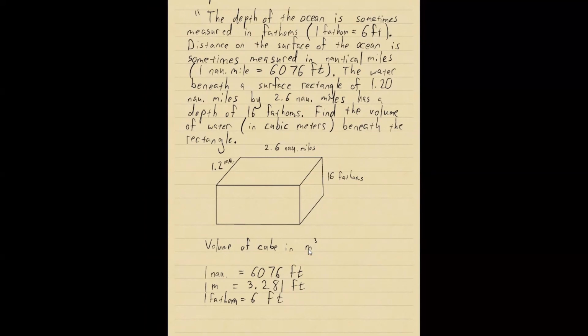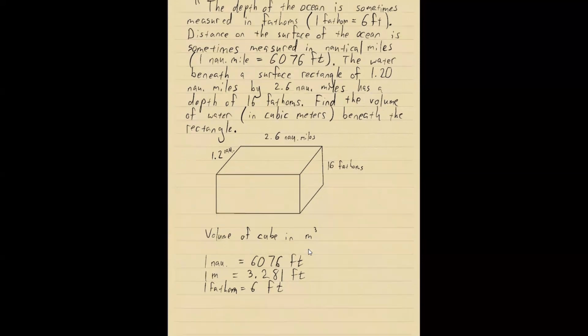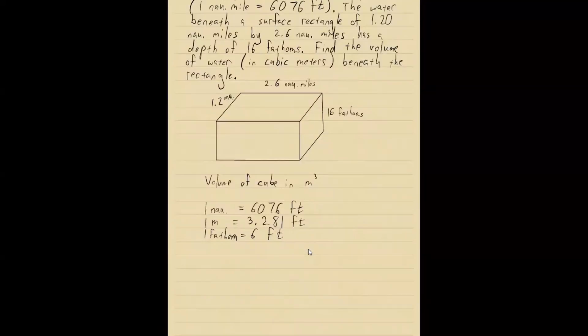So what we can do is convert the length, width, and height of this cube into units of meters, and then multiply all those lengths in meters together to get the volume of the cube in cubic meters. So let's start by looking at the length. The length, L, of this cube is 2.6 nautical miles.